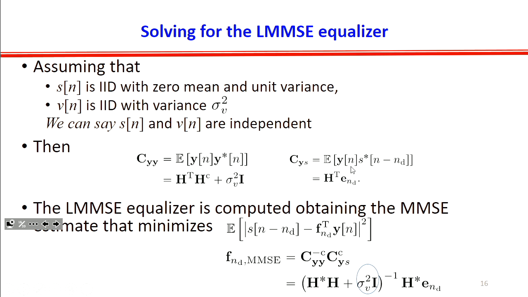And similarly, you do for the Y of n, S star of n minus nd, because that was what was transmitted when we have an estimate at the nth time instant. So when we do that, we end up with H transpose and a vector of E with 1 at the right point where it appears after ND events.